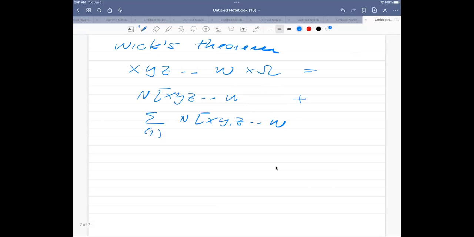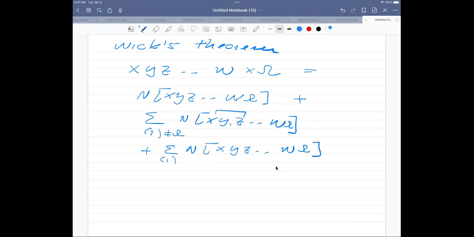So it means that I get w of omega plus, and then I have now all the contractions where these operators are contracted, one, and it does not include omega, and plus the one contractions. So this is just us applying the lemma of z of omega. So it does not include a contraction with omega, and now we contract with omega. And then we do the same thing with two contractions.